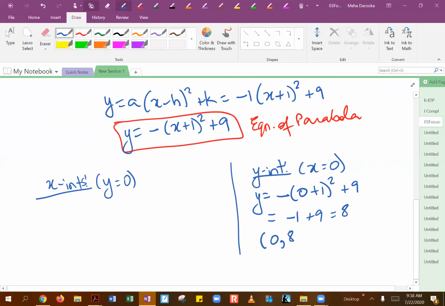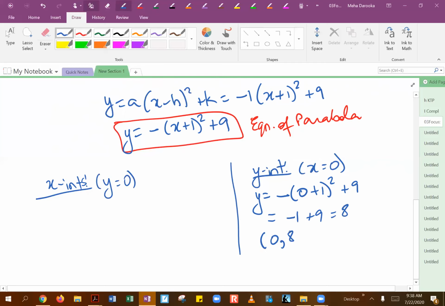So now we want to know where on the x-axis our parabola would be crossing. So that's going to be our x-intercepts, which is where we make our y value 0. And you have negative x plus 1 squared plus 9. And we are trying to, of course, get our x by itself.